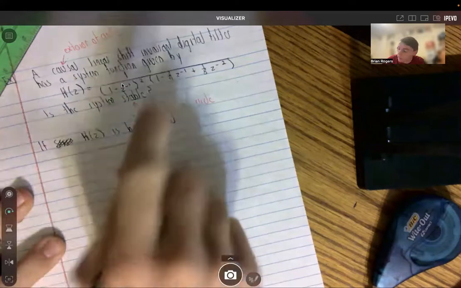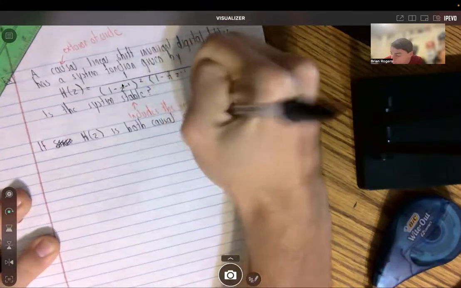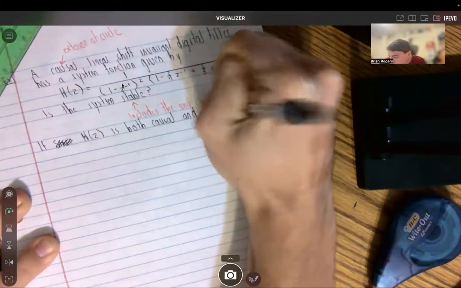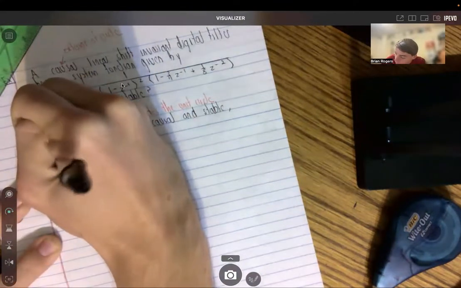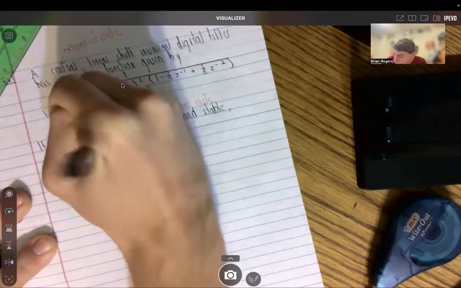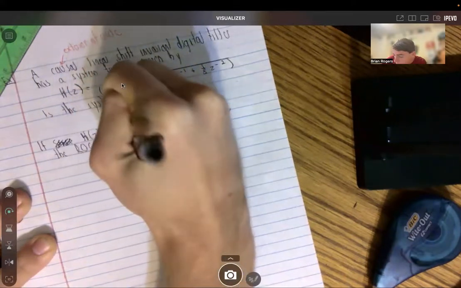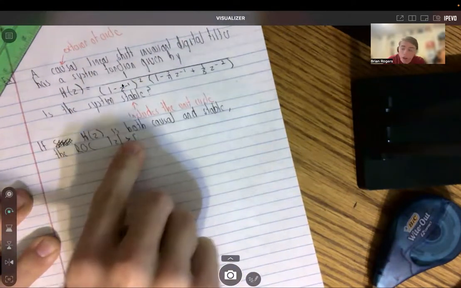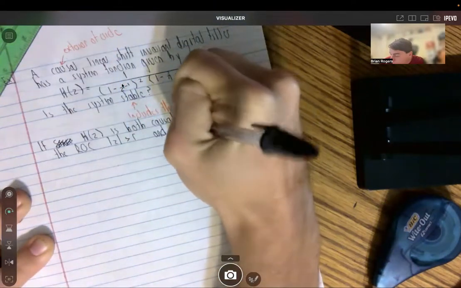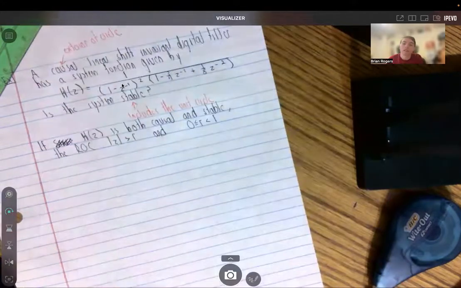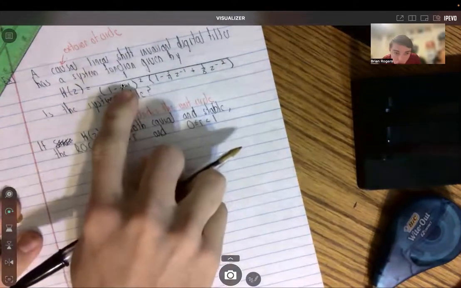So if H of Z is both causal and stable, our region of convergence must be greater than R, where R is a pole, and those poles must fall between 0 and 1. So that's what we're looking for. So we're in the poles right now.